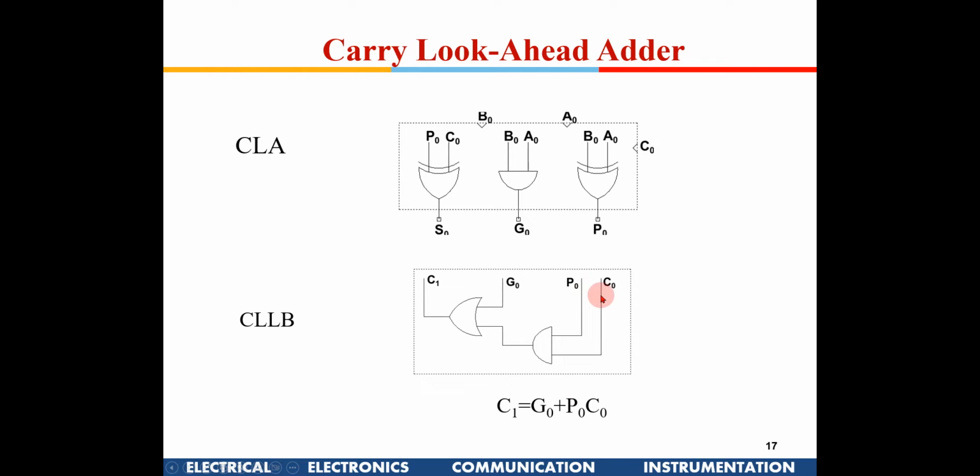So if propagate is high and carry input is 0, then this will be 1, and through an XOR gate you will generate a carry. So this is the expression for carry. So is this 1 bit addition clear to all of you, using sum, using generate and propagate signals? Is it okay with all of you? Yeah, shall we move ahead?